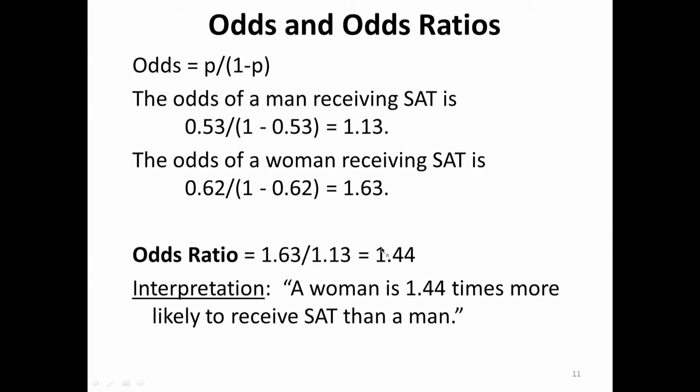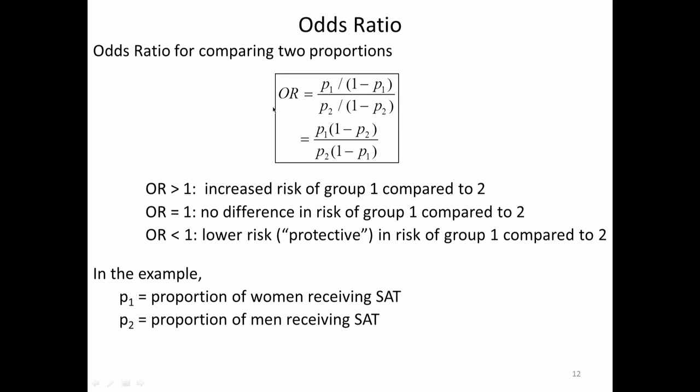So the concept is the odds ratio, OR, is P1 divided by 1 minus P1, divided by P2 divided by 1 minus P2. So P1 multiplied by 1 minus P2, divided by P2 multiplied by 1 minus P1. If OR is greater than 1, increased risk in group 1 when compared to group 2.